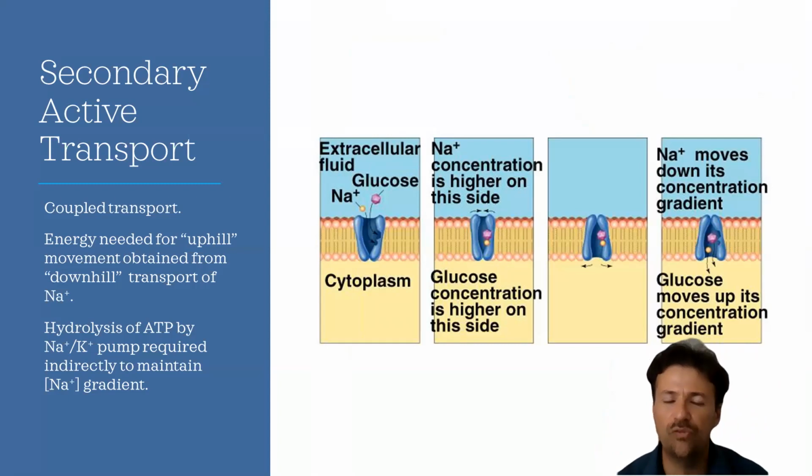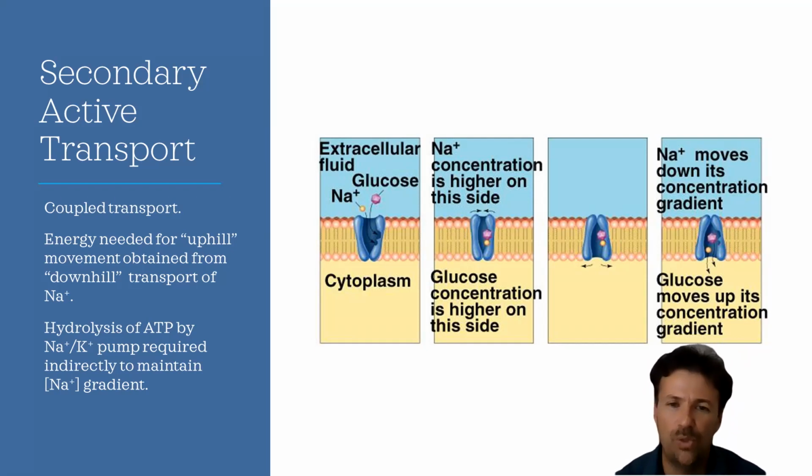And when sodium moves down its concentration gradient, that energy is released. And if you have the right transporter, it can harness that energy to move another substance against its concentration gradient. And that's what you're seeing here for the movement of glucose. As sodium moves down its concentration gradient, glucose is moved in the opposite direction against its concentration gradient.